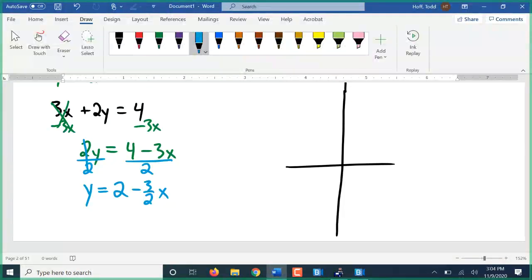So here we're going to start at positive 2. That's right there. And then the negative 3 over 2, we're going to go down 3 over 2. Get to that second point. And there's our line.